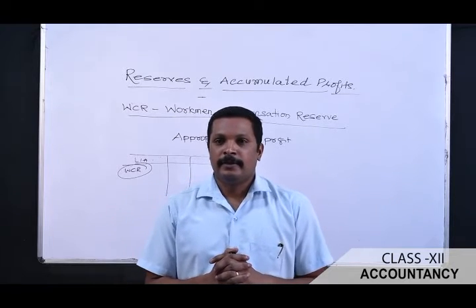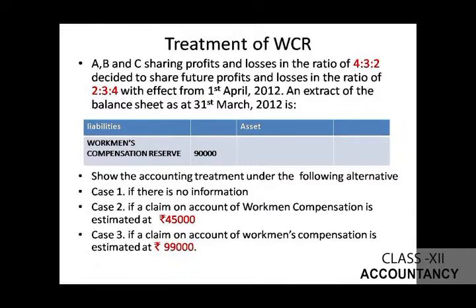Let's solve a problem. A, B and C share profits and losses in the ratio of 4:3:2. They decided to share future profits and losses in the ratio of 2:3:4 with effect from 1st April 2012. In an extract of the balance sheet as at 31st March 2012, on the liability side, workman compensation reserve is given. The amount is 90,000.